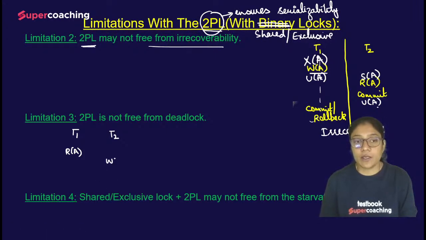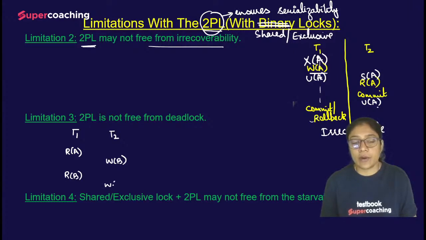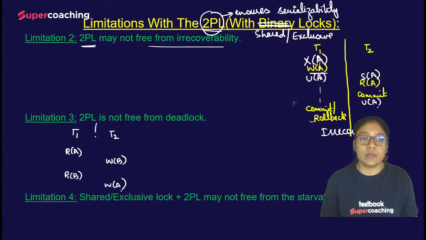So it is performing the write operation on data item B. This wants to perform the read operation on data item B, and this wants to perform the write operation on data item B. Okay, shared lock आ गया. And this wants to perform a write operation on data item A. All right, this will work fine.